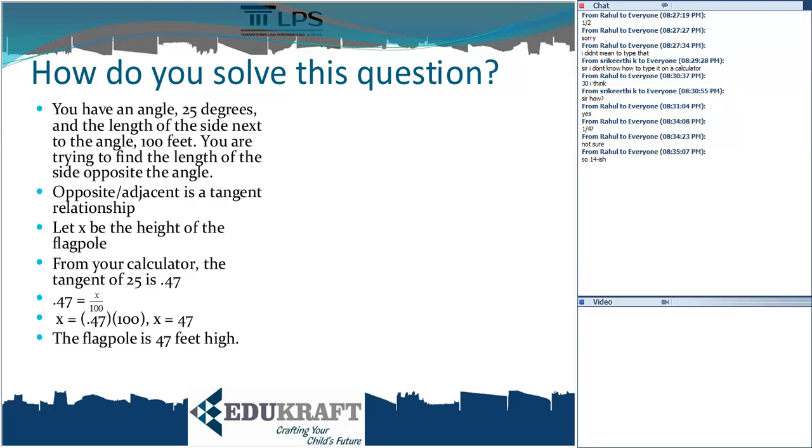Now using your calculator, tan of 25 degrees is going to be 0.74, and the opposite is the flag post. The shadow that has been cast is 100 feet, so x will be equal to 47 feet high. So that is the height of the flag post.